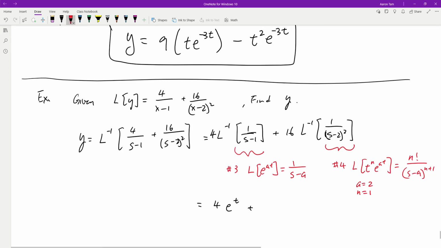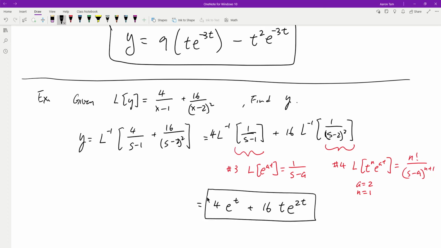So we actually don't have to do anything, but just recognize that it would just be 16 t to the first, because n is 1, so I'm just going to say t, times e to the at, since a is 2, is 2t. And so that gives me my answer. Unlike the example that we've done before, where I had to modify something on top, this one does not, which is nice.